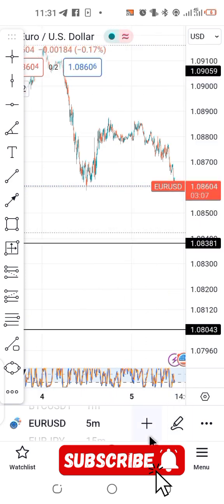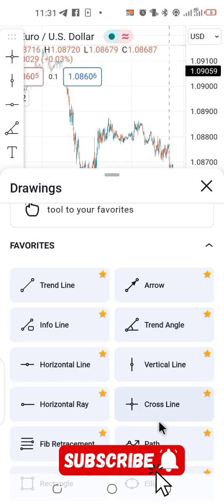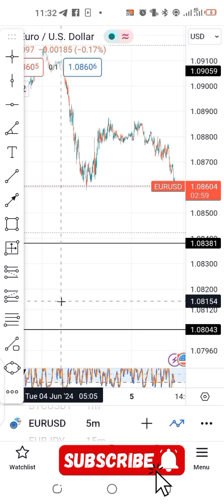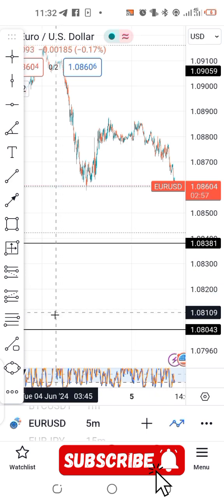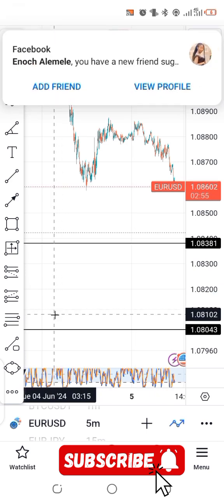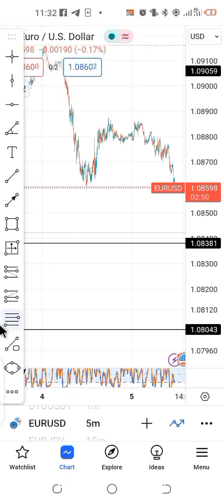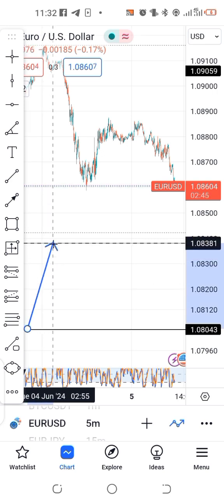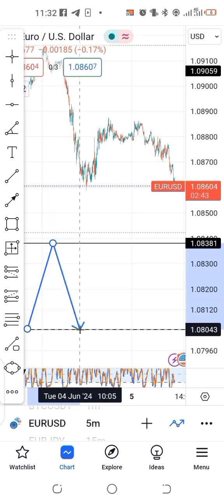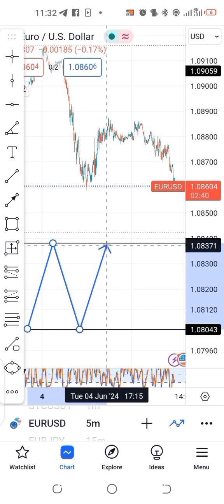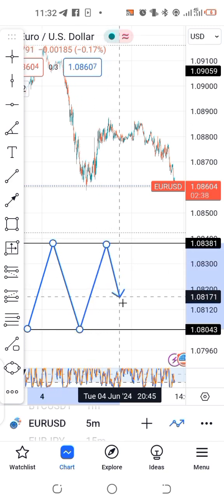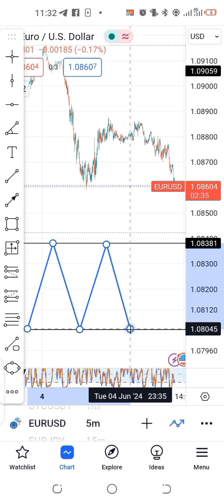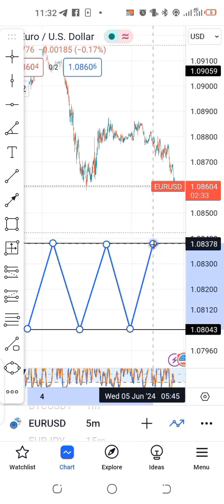When it comes to a ranging market, the price of whichever currency or asset you are trading will be moving within a specific range. Price can start from here, come up, hit this resistance, come down, hit this support, go up, hit the resistance, come down, hit support, go up, hit resistance, come down.